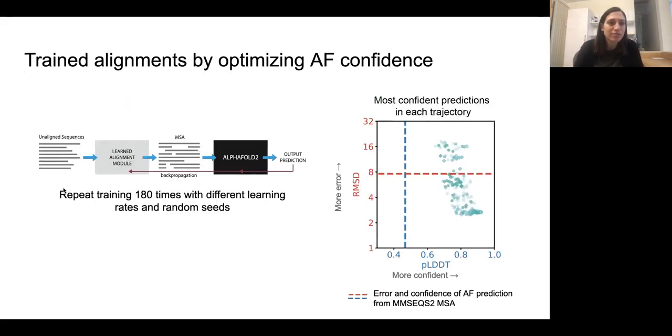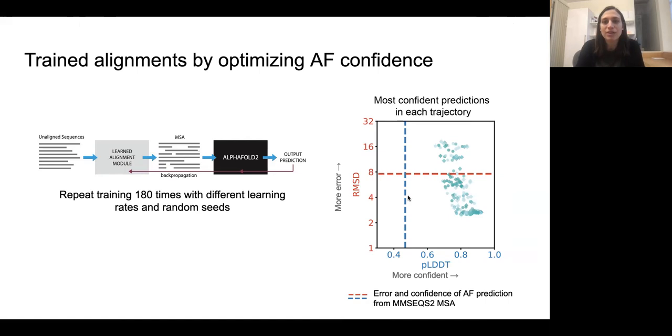To summarize the pipeline: input unaligned sequences to the learned alignment module, get a multiple sequence alignment, put that into AlphaFold, and then optimize to increase the pLDDT, not changing anything about AlphaFold, just changing our alignment downstream. Since neural networks can be really finicky with random seeds and learning rates, we repeated this process 180 times with different random seeds and a few different learning rates, and plotted the results on this plot.